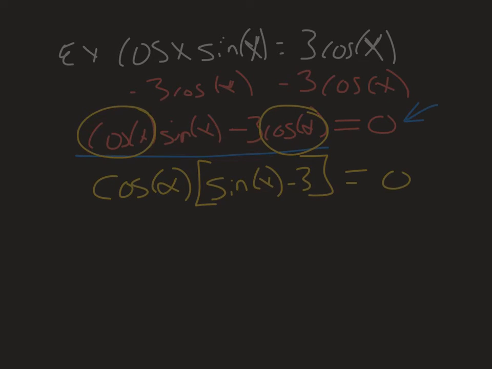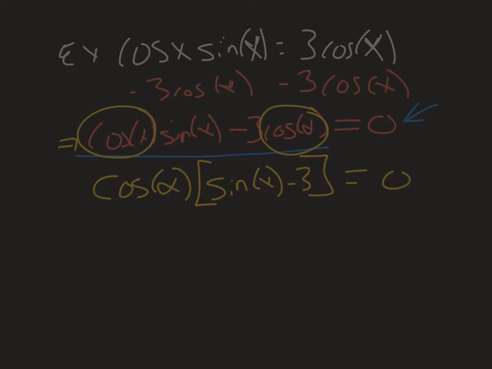So if I was to work this backwards and distribute this cosine back in, it would still result in the same equation. I'm just doing distributive property backwards here. Now you may recall back from quadratic equations when we factored, the zero product rule. If a times b equals 0, then one of the two must be 0.